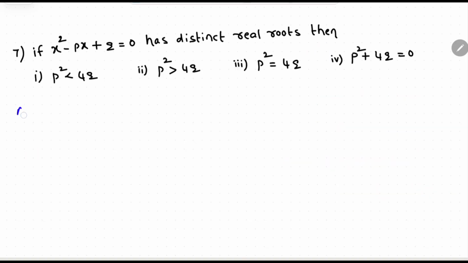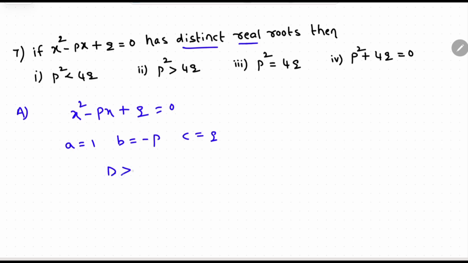Now in the given problem, the given quadratic equation is x power 2 minus px plus q equals 0, where a value 1, b value minus p and c value q. The roots are distinct and real. So the roots are different now. Therefore D value will be greater than 0. So what is the D formula? B power 2 minus 4ac greater than 0.